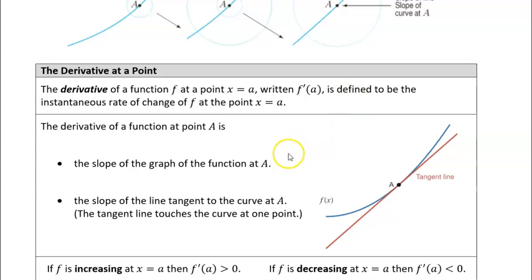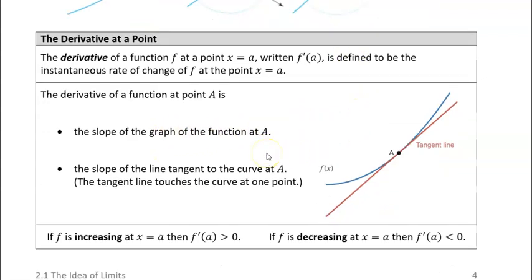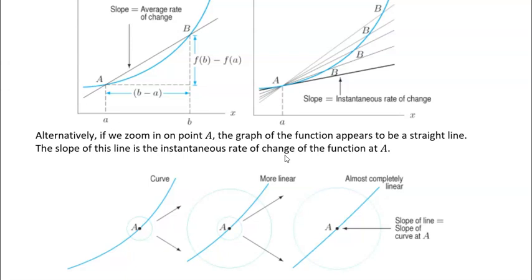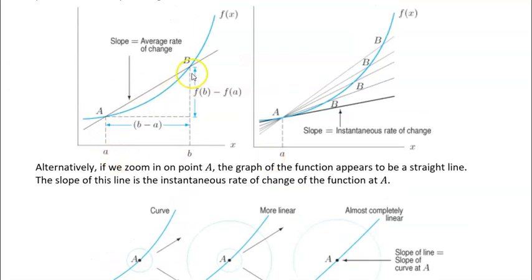We can think of it as the slope of a tangent line at that point. Okay. Now remember when we looked at average rate of change, we were looking at the slope of a secant line. We call it a secant line if it passes through 2 points.